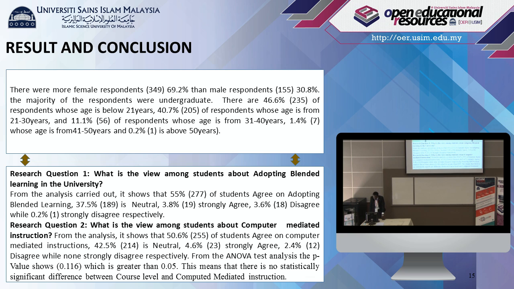There are 46.6%, that is 235 of the respondents, whose age is below 21 years, 40.7% of respondents whose age is 21 to 30 years, 11.1% of respondents whose age is from 31 to 40 years, 1.4% whose age is from 41 to 50 years, and 0.2% is above 50 years. That is the demographic factor.